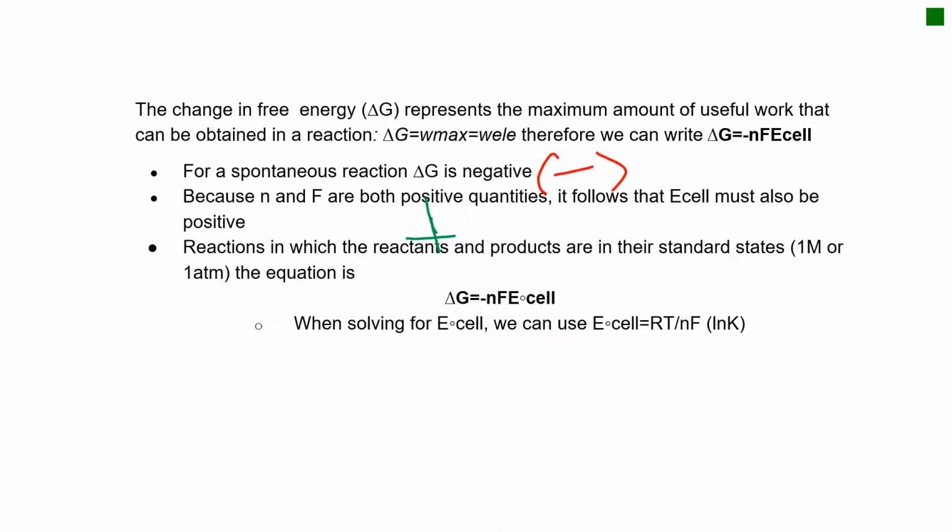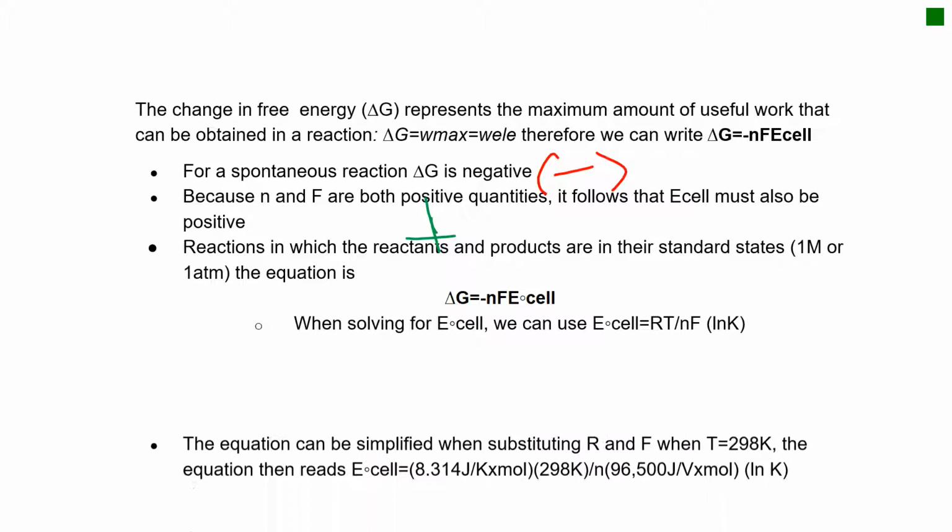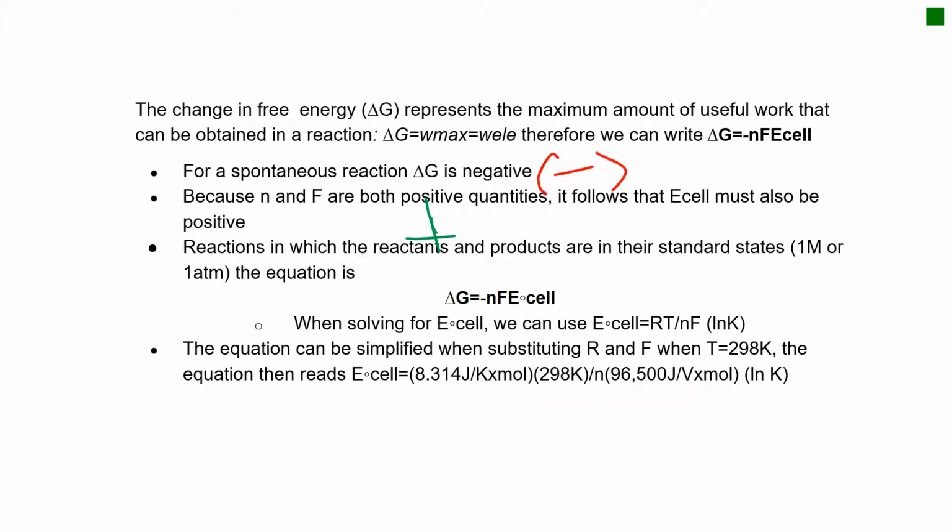When solving for E cell, we can use E cell equals RT divided by nF multiplied by the natural log of K. And this equation can be simplified when you substitute R and F values when the temperature is equal to 298 kelvins. Then the equation would read 8.314 for the R and 298 for the temperature, divided by the F constant of 96,500.